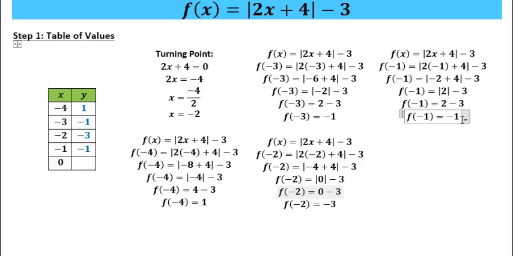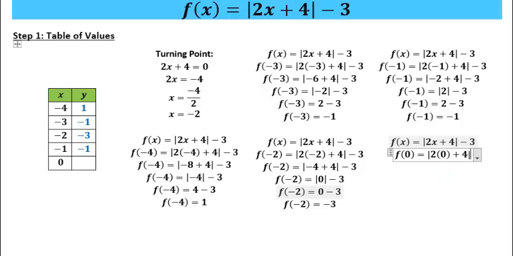The last substitution will be with 0. So I'm going to copy the formula again. Instead of x, I'm going to put 0. And let's see. Absolute value of 2 times 0 plus 4.